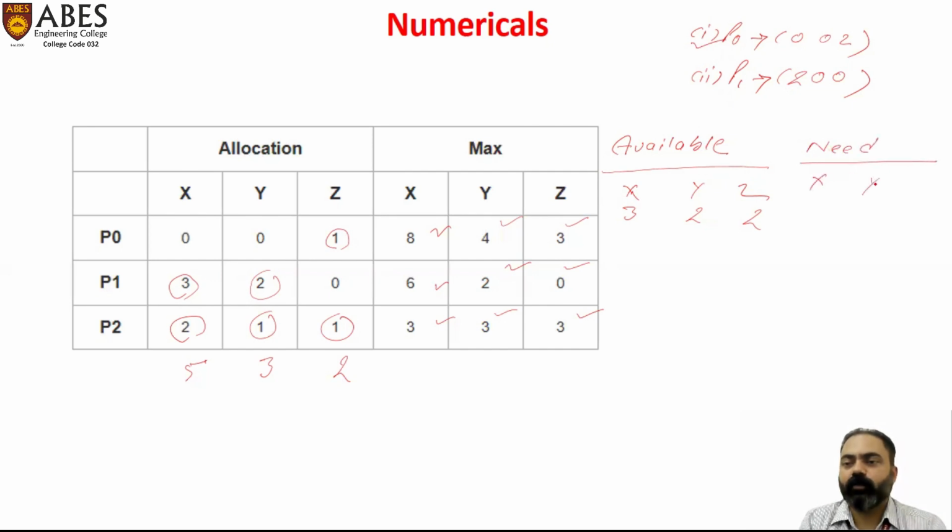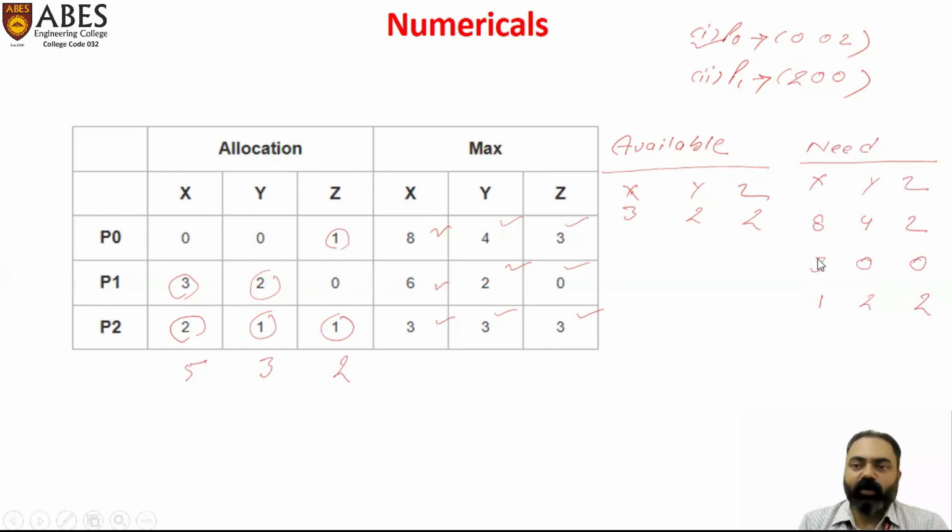Need X, Y, Z. What will be the need for P0? 8 minus 0, 8; Y, 4 minus 0, 4; Z, 3 minus 1 equals 2. For P1, 6 minus 3, 3; 2 minus 2, 0; and 0 minus 0, 0. For P2, 3 minus 2, 1; 3 minus 1, 2; and 3 minus 1, 2. And this is the current need of every process.